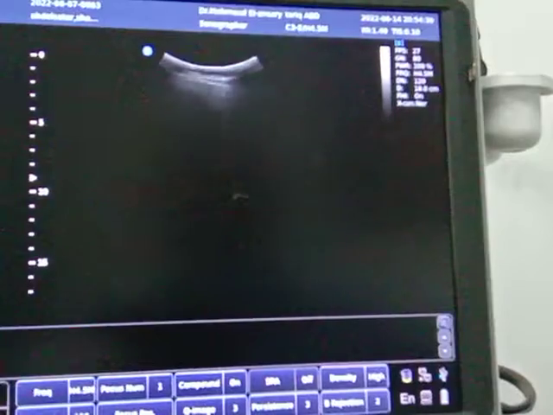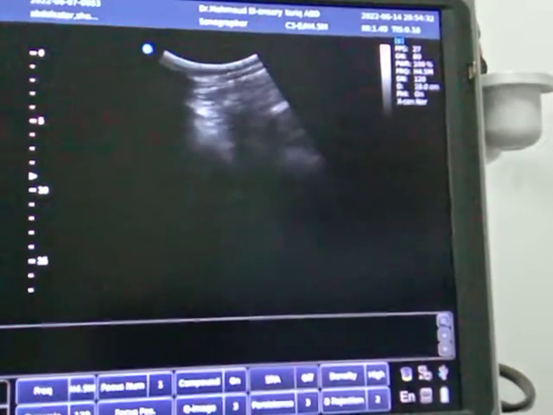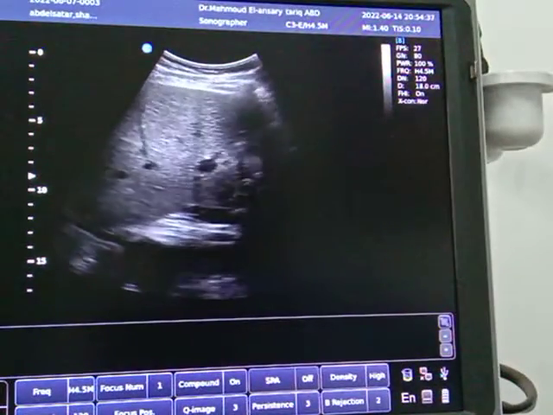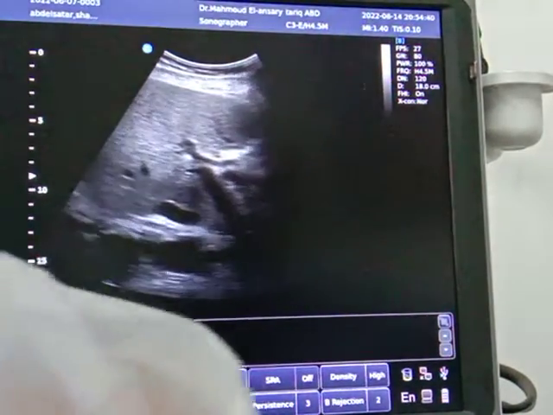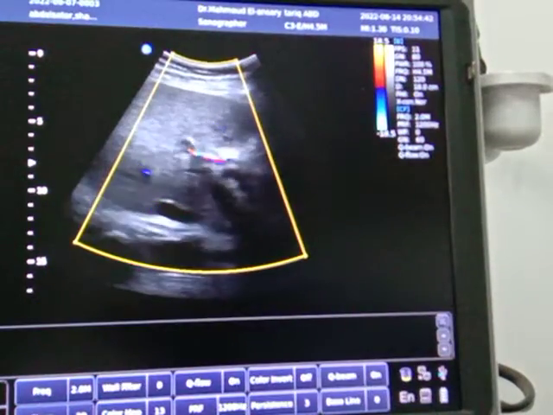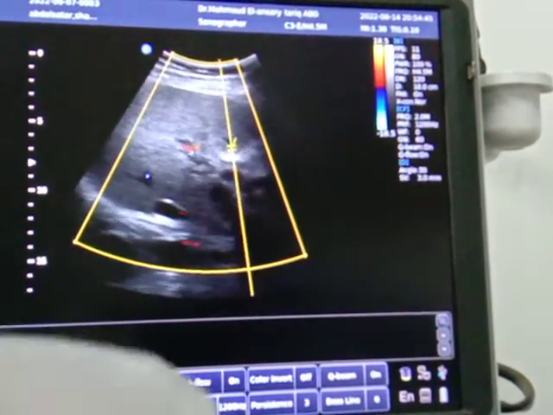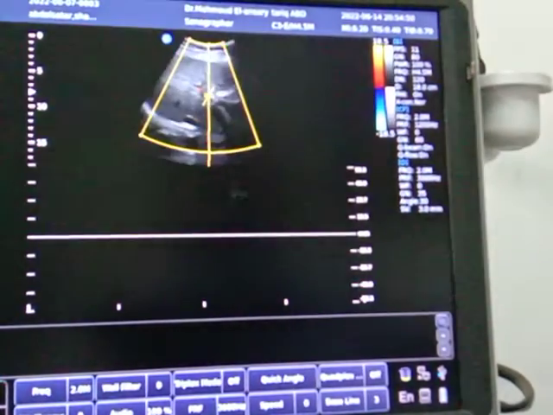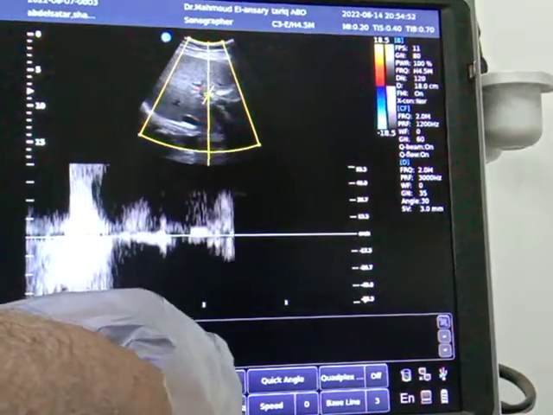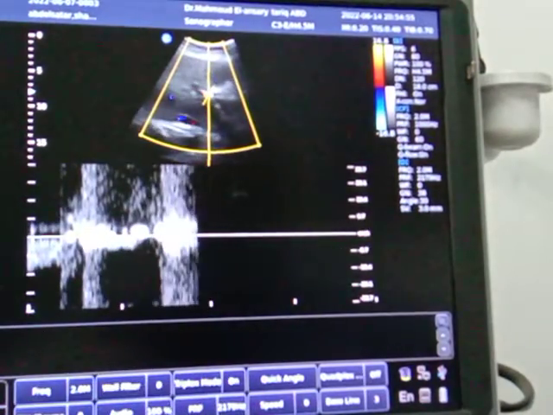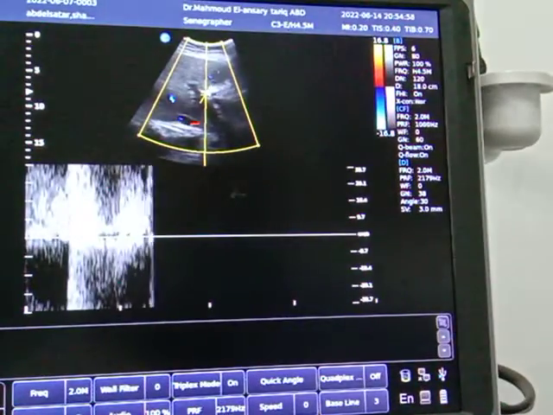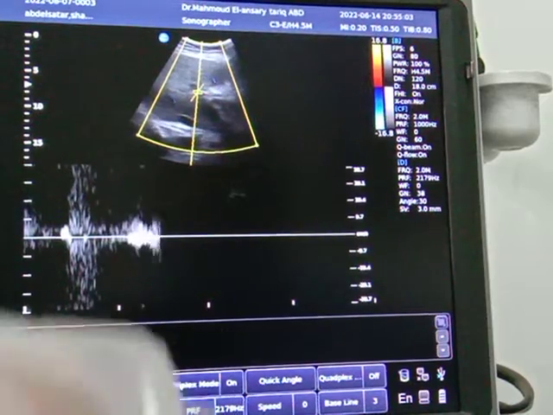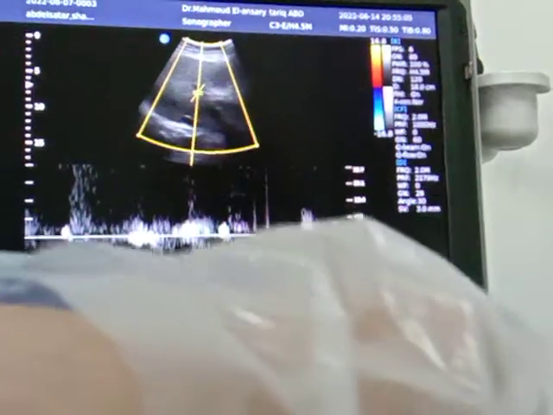If I put my probe here at the liver, inside the liver, to see the intrahepatic portion of the portal vein again, there is no flow. This is the hepatic artery, as you see, and there is some arterial flow, and in comparison there is some venous flow.